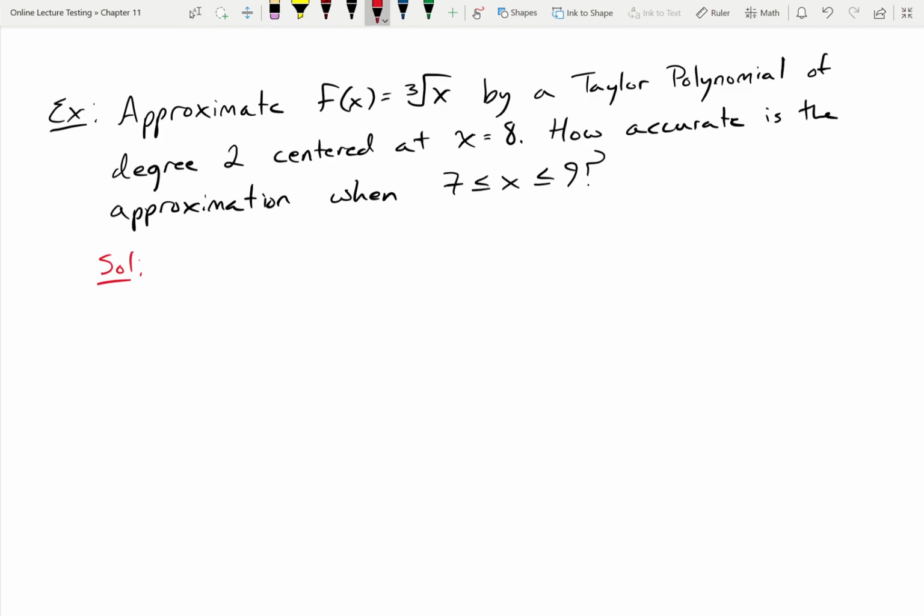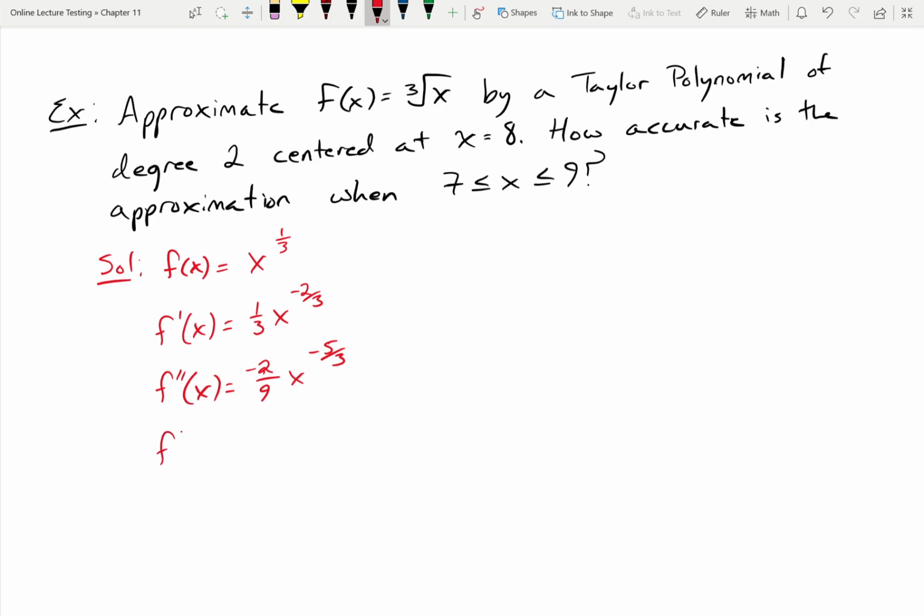So here's our solution. f of x is equal to x to the 1/3 power. f prime of x is equal to 1/3 x to the negative 2/3 power. f double prime of x is equal to negative 2/9 x to the negative 5/3 power.